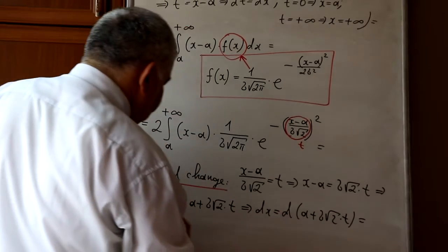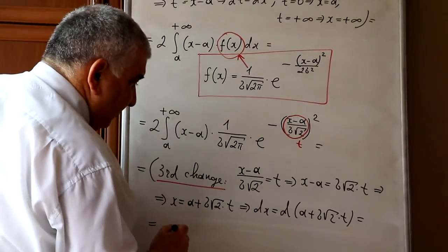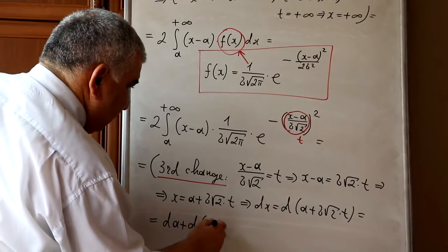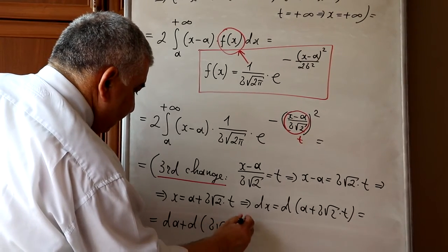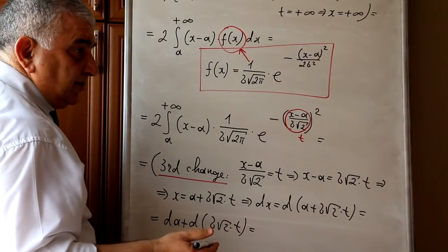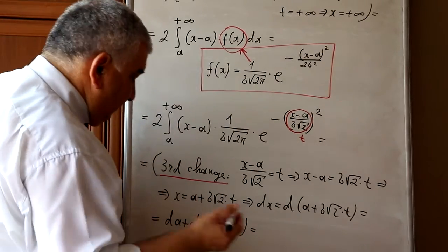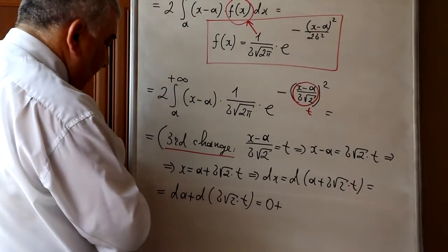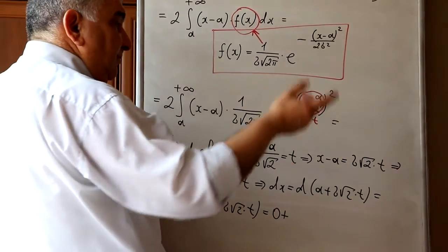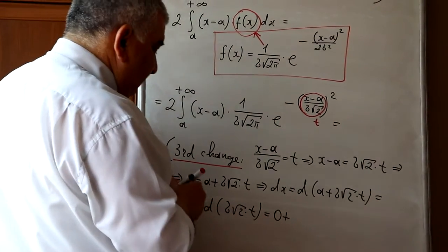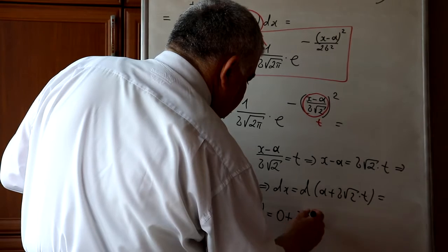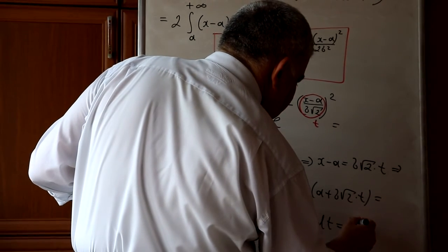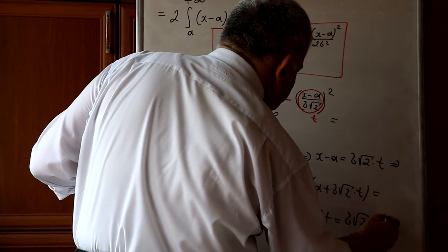You know that the differential of the sum is the sum of differentials, dA plus d of sigma square root of 2 t. dA, differential of the constant value is 0, plus, and the constant factor sigma square root of 2 can be taken out of the differential symbol, sigma square root of 2 dt, and finally we have simply sigma square root of 2 dt.